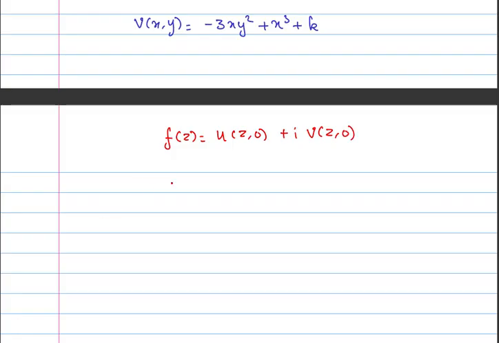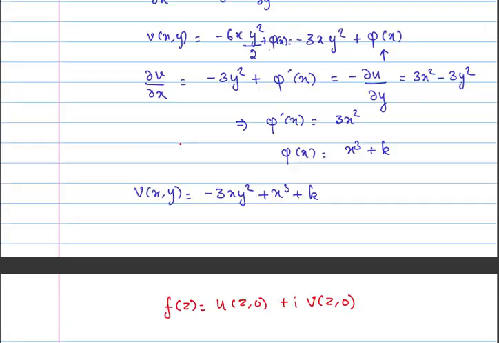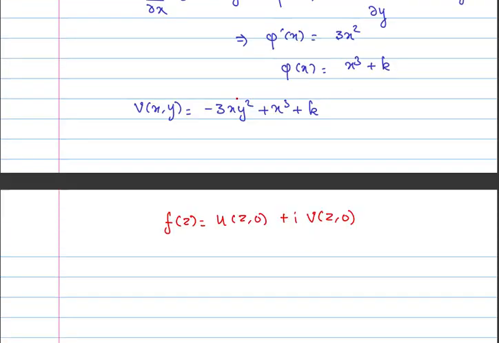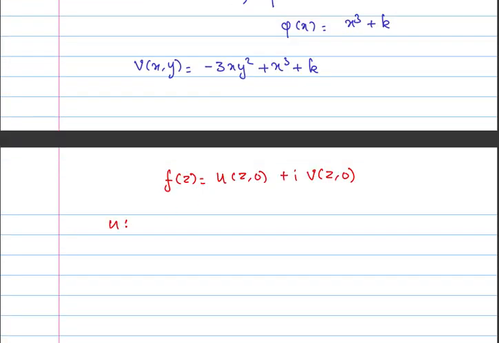Using this result it is very simple. What is u of z comma 0? Wherever there is x we put z, and wherever there is y we put 0. So clearly u of z comma 0 is 0.